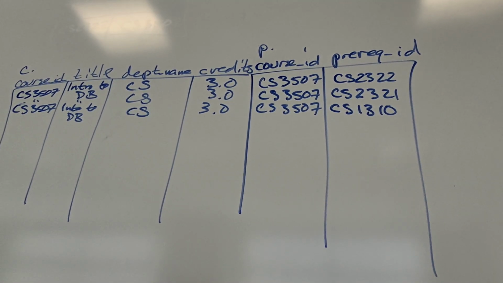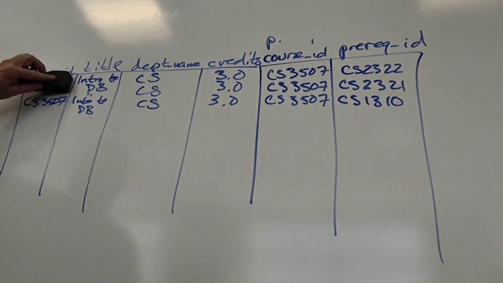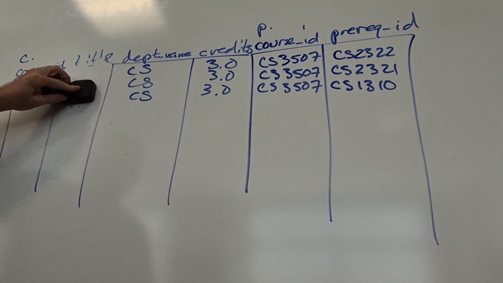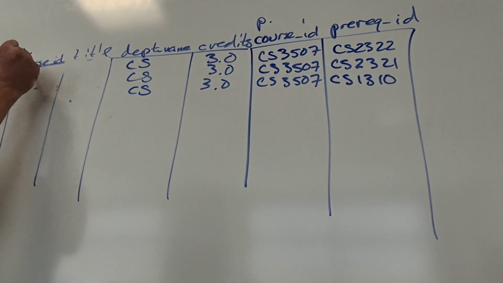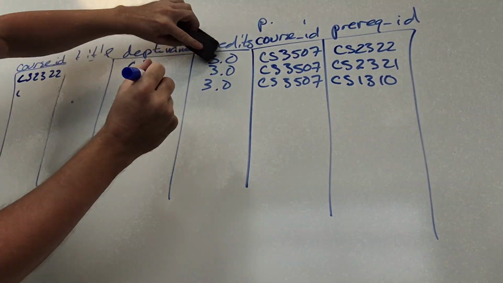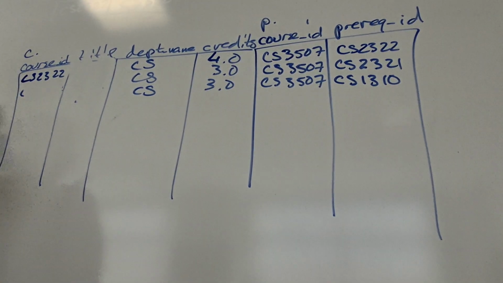And in that case, this row is not CS3507. It's CS2322. CS, 4.0, 4 credits for that one, lab.